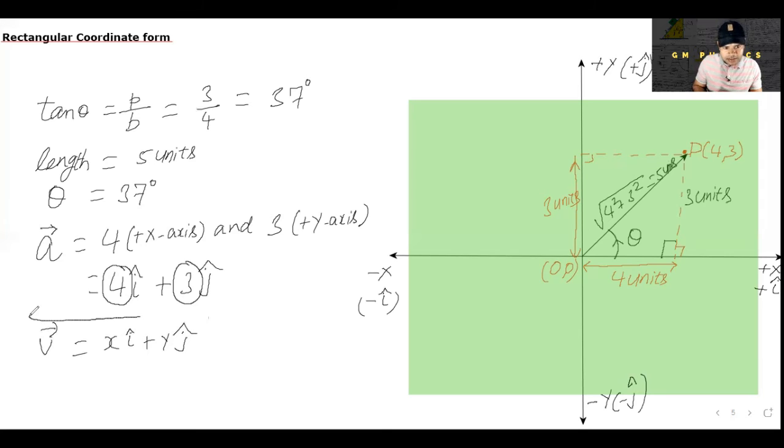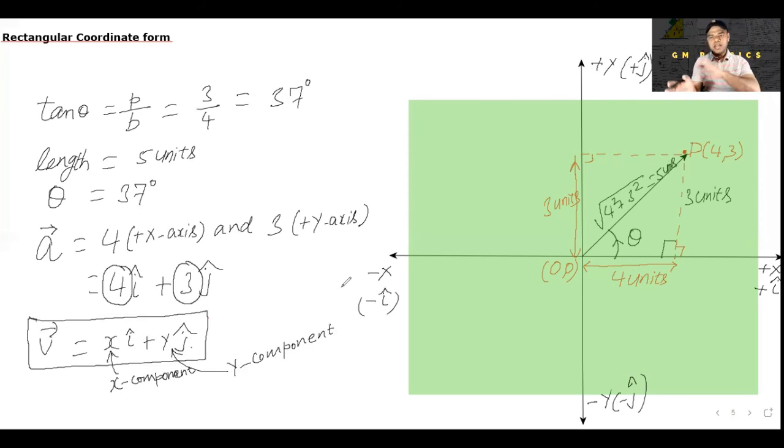This is the general representation of a vector in rectangular coordinate form, where this quantity represents the x component of the vector, and this quantity represents the y component of the vector. The vector can lie in any of these quadrants: first quadrant, second quadrant, third quadrant, fourth quadrant. Accordingly, the x component can be positive or negative. The y component can also be positive or negative.